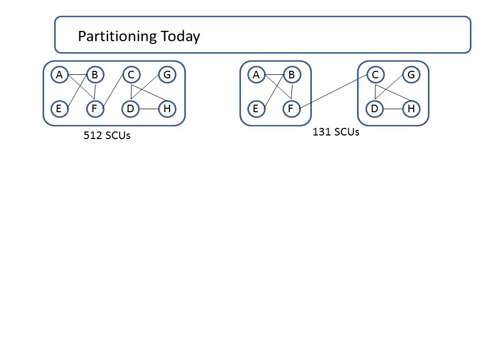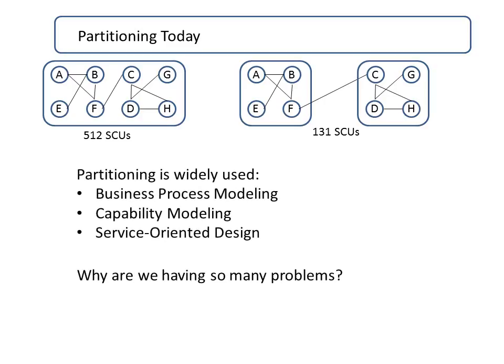As we have seen, partitioning can be a very effective strategy to reducing complexity. Here, for example, we have a system whose complexity has been reduced from 512 to 131 SCUs simply through partitioning the functions correctly. Now, partitioning is being widely used today.